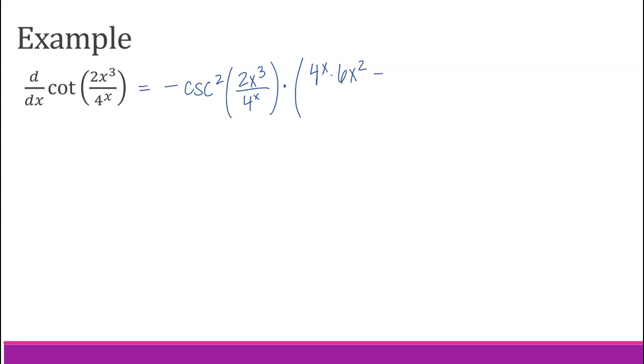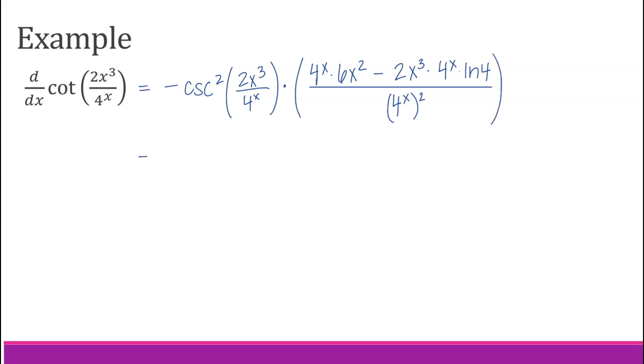And then minus high, which is 2x cubed, times d low, the derivative of 4 to the x, is 4 to the x times natural log of 4. And so we're done with low d high minus high d low all over low squared. So that's 4 to the x all squared.